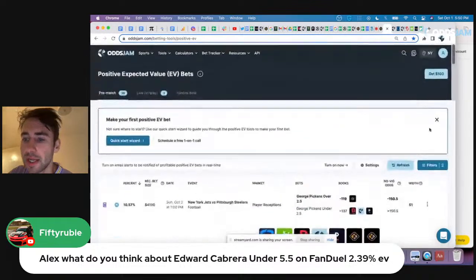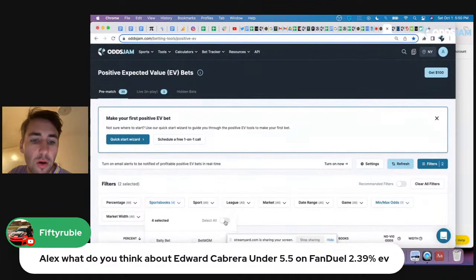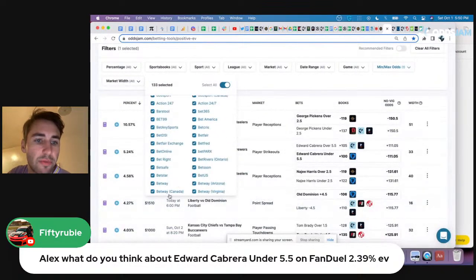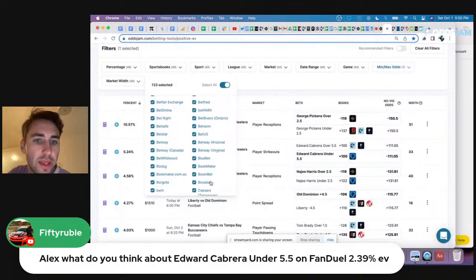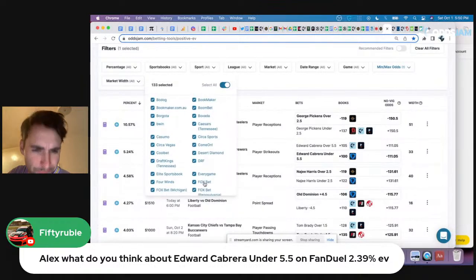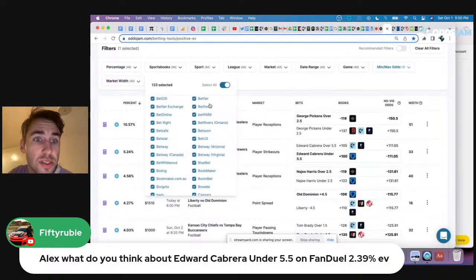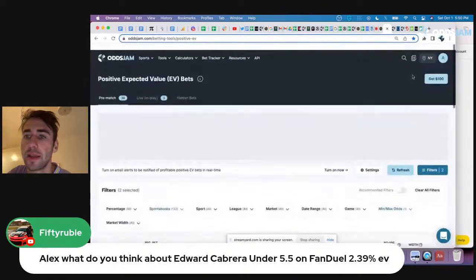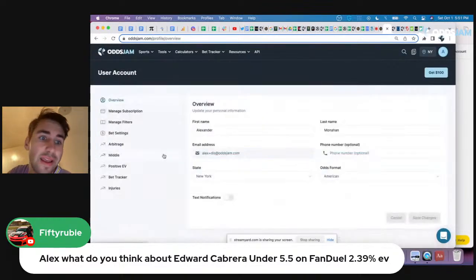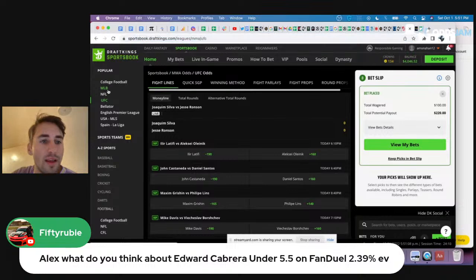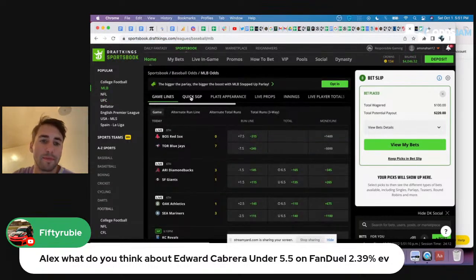But what we can do is add in all the sportsbooks back and get rid of Betfair Exchange, and then we can look for more bets. And obviously, when you're using OddsJam, any sportsbooks you don't use, you can filter out, right? You can just go to your settings and filter out anything you're not currently using. These sportsbooks just have so many odds.